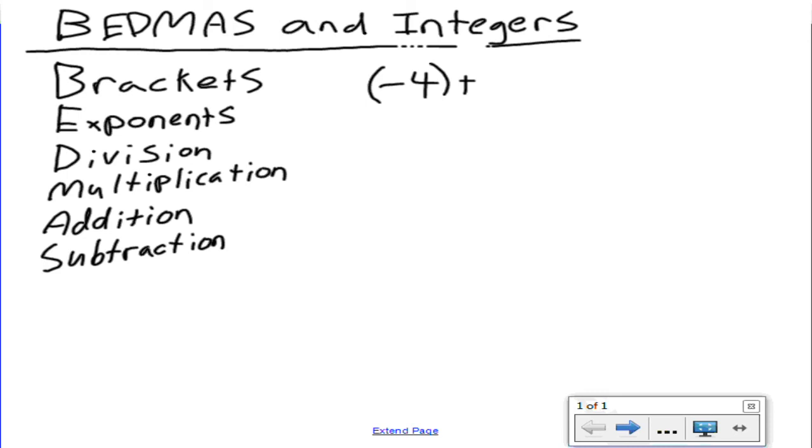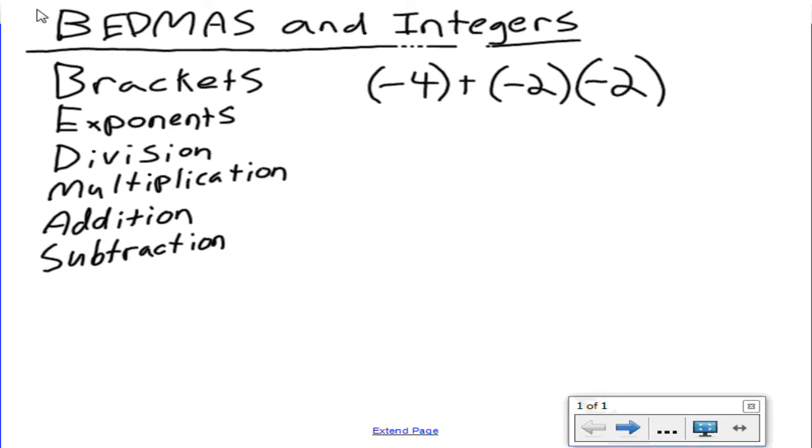We'll put all of our integers in brackets. -4 plus -2 times -2. Okay?